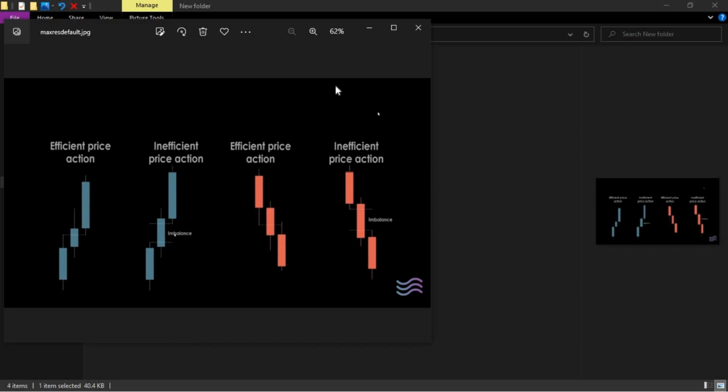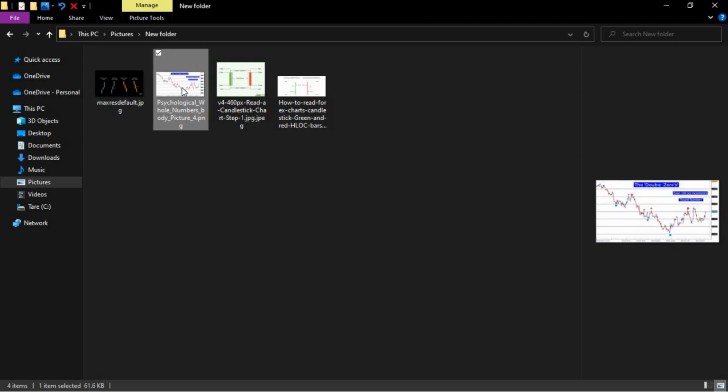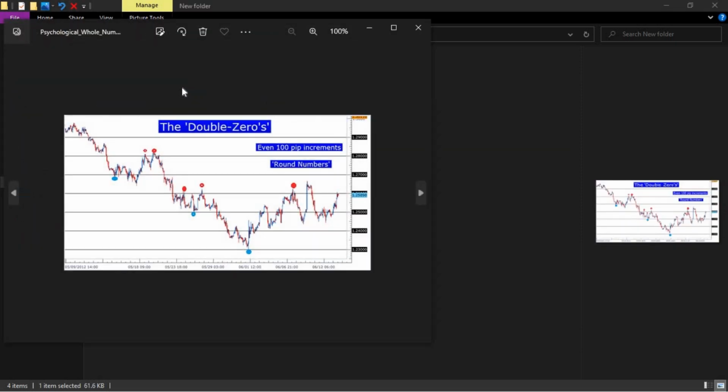Price has to come back and fill it in. Secondly, one of the other things I use is psychological levels. Psychological levels are not really complex. Most of the things I use are just simple. They're just double round digit numbers. When you go to the market and buy something and they tell you, oh, it's $4.99.